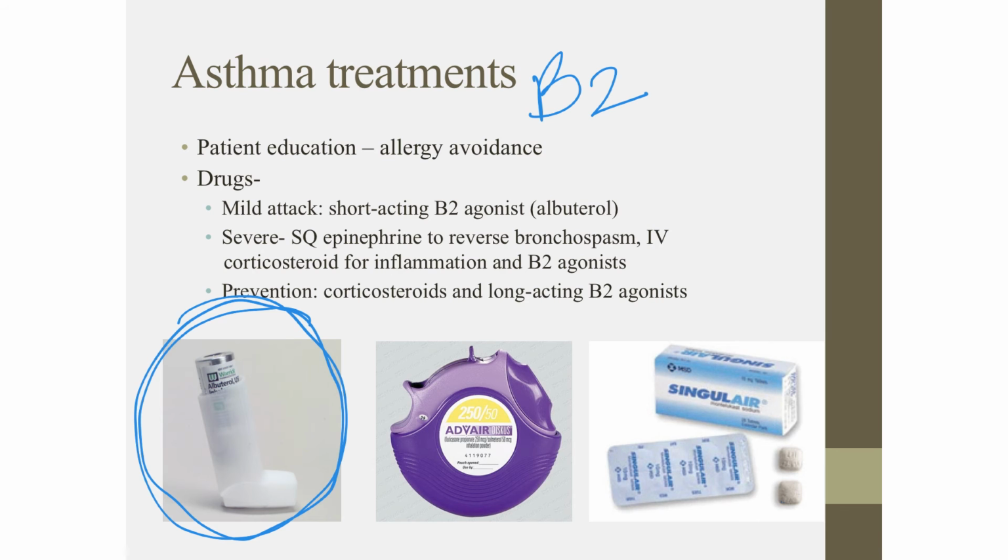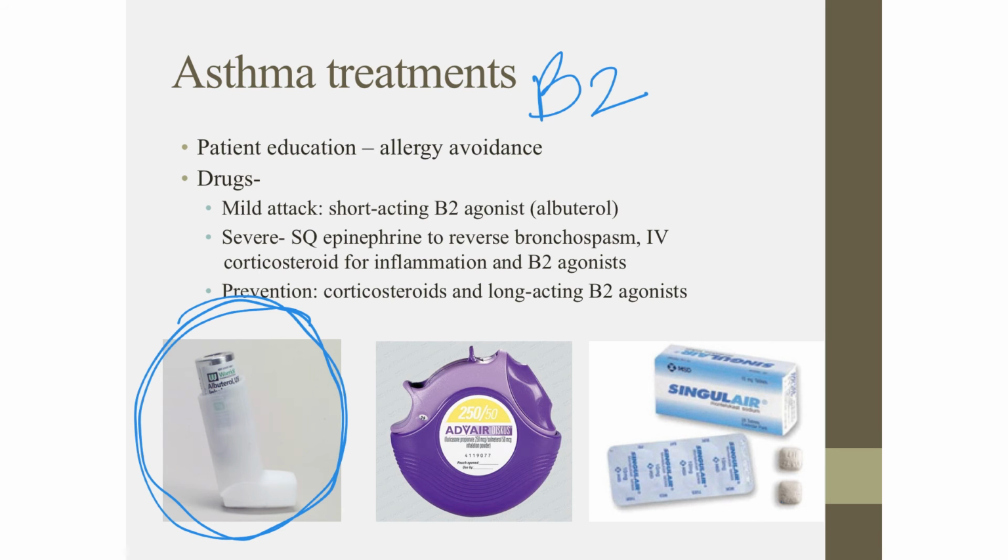And in that immediate resolution, we see the Beta2 inhalers used. Albuterol is the main generic that you'll see. This is given in a metered dose inhaler. It's a Beta2 drug, meaning that it binds to Beta2 receptors, inhibits muscle contraction, and allows relaxation and dilation of the bronchiole. We consider this a rescue medication.